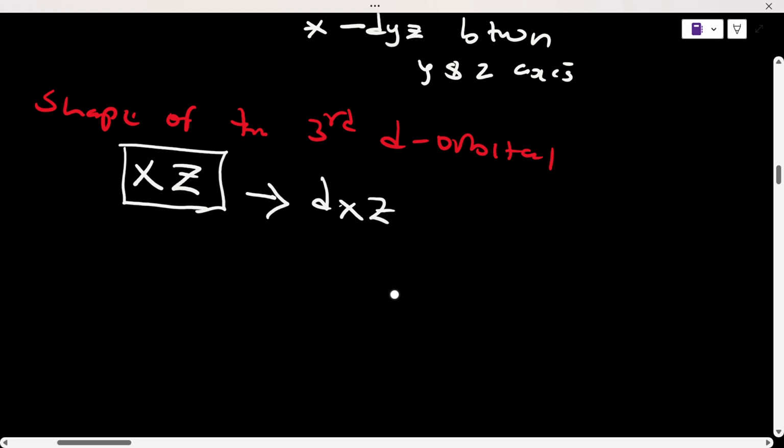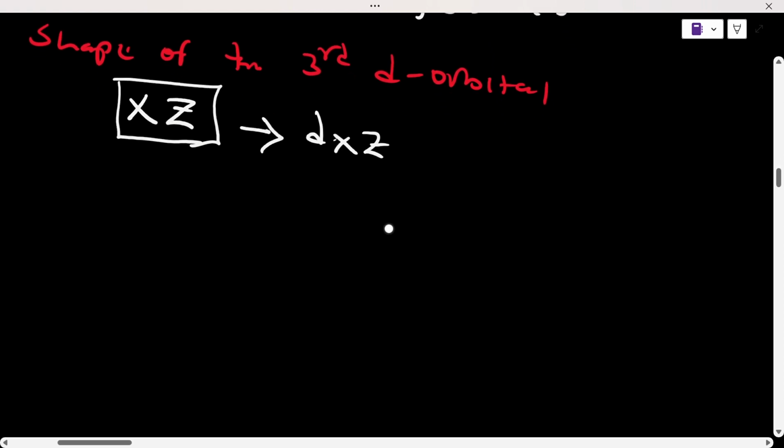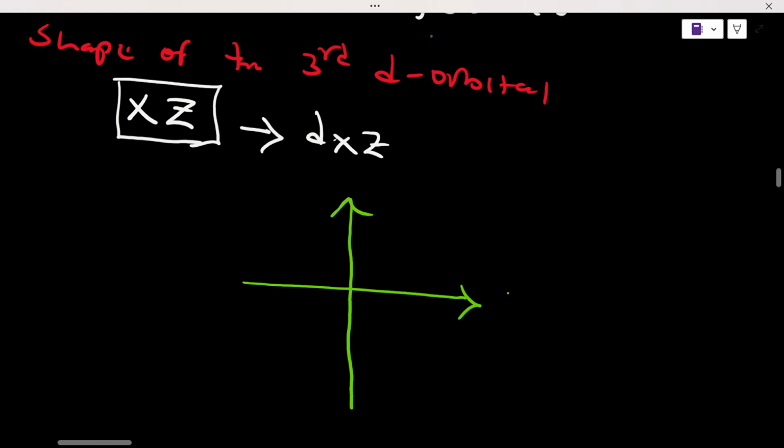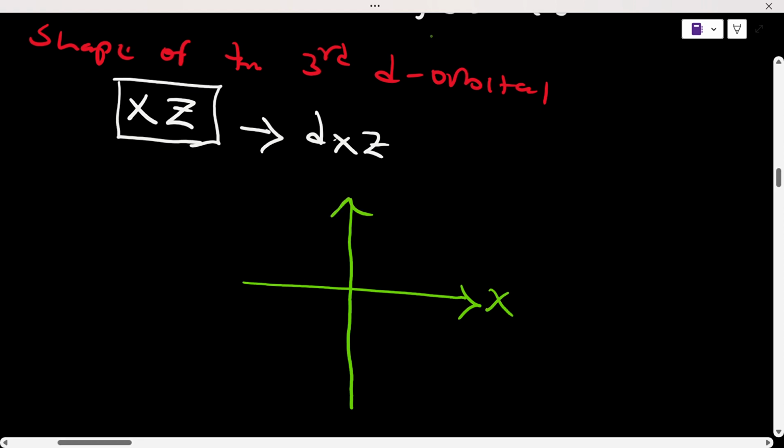That's what I'm going to sketch very well. This one is going to be x, and this one is going to be z.